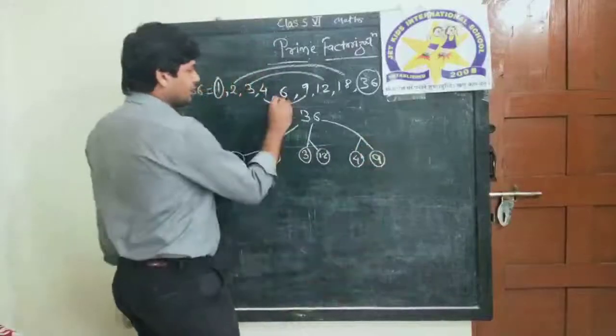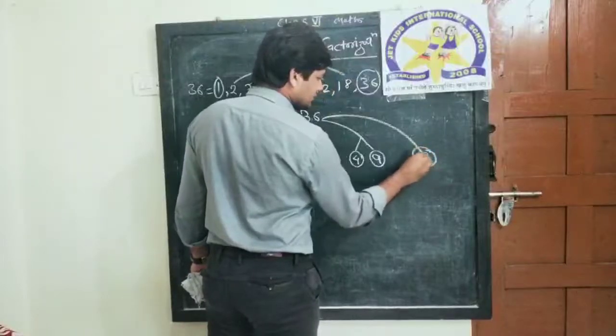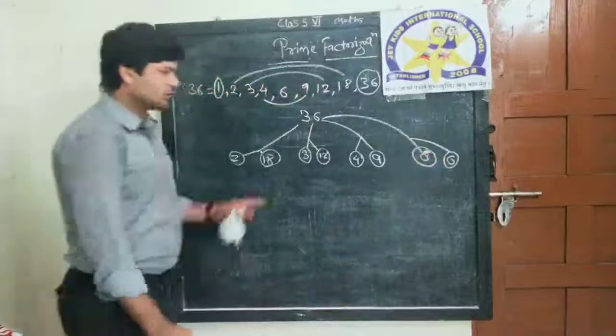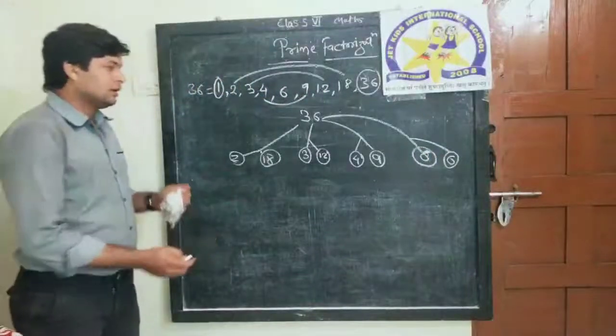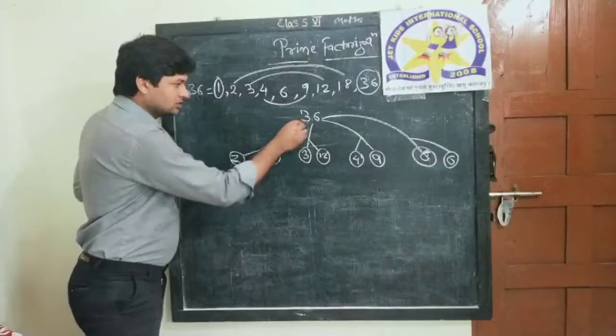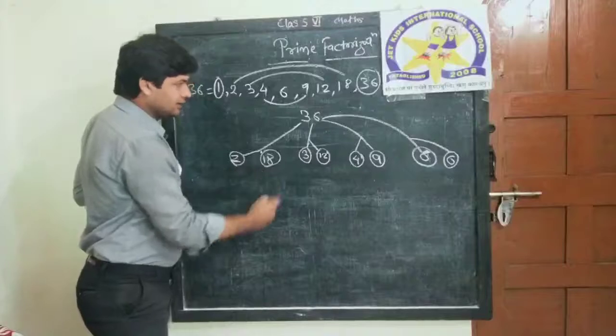Then last, 6 multiplied by 6. See this tree. Now just look at the first one, 2 and 18. These two factors, 2 and 18.